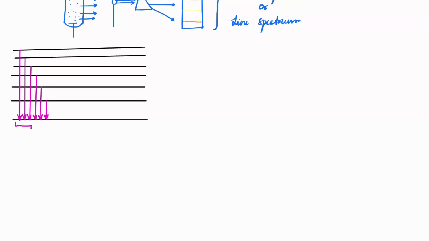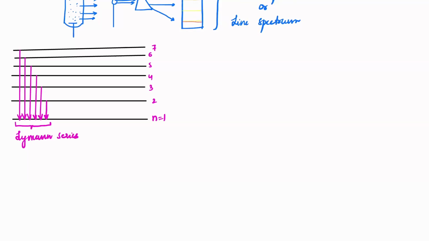So it is very specifically noticed that all these spectral lines falling on the spectrographic plate, if the electrons are coming to the n equal to 1 orbit from any higher orbit, we call them Lyman series lines.